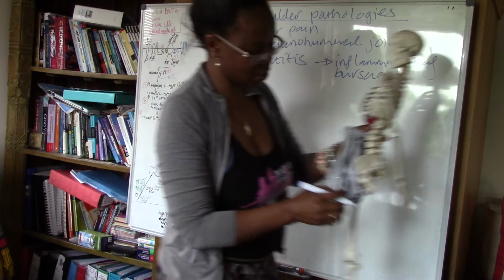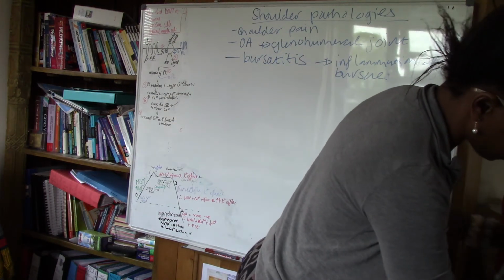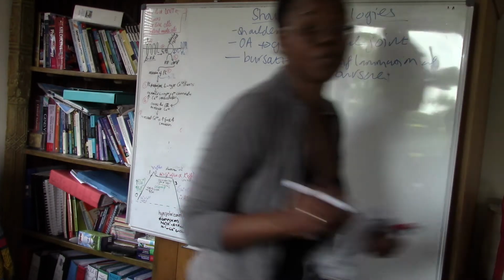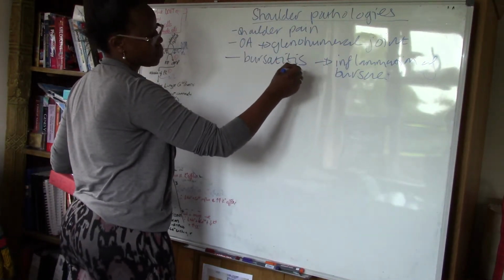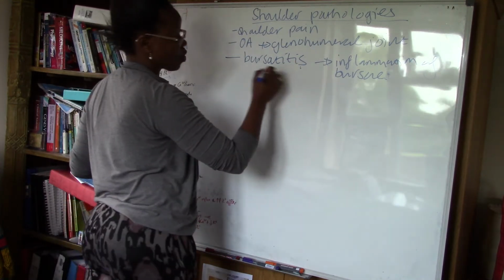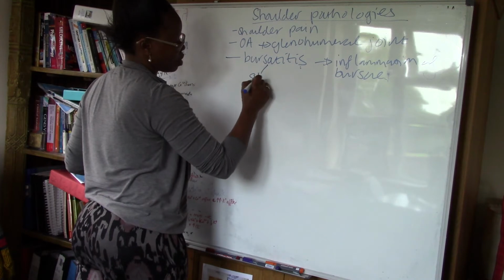So it really is a bursa that is in two parts. And that subacromion bursa is the one that is prone to bursitis.